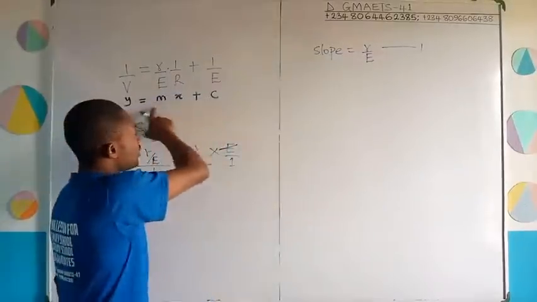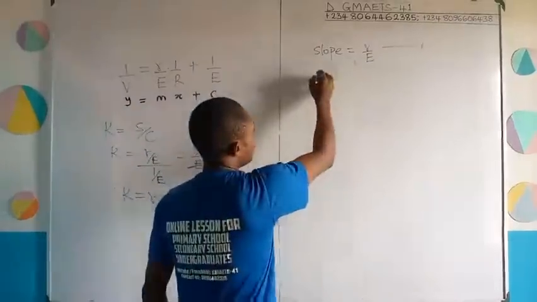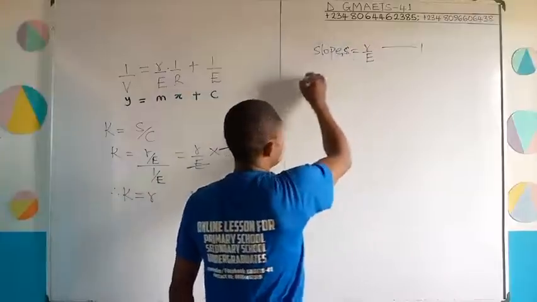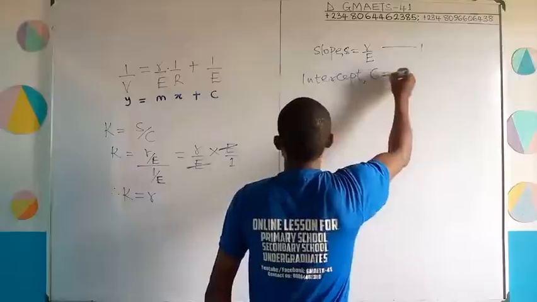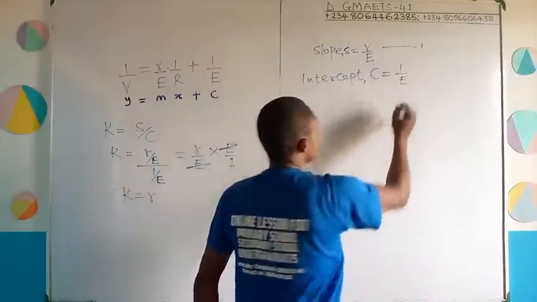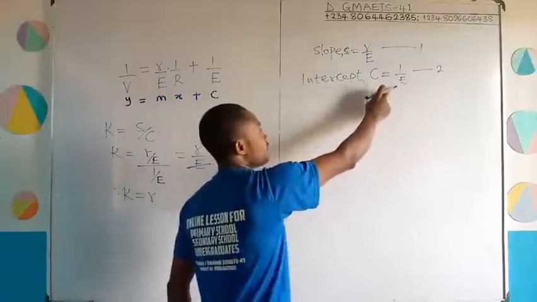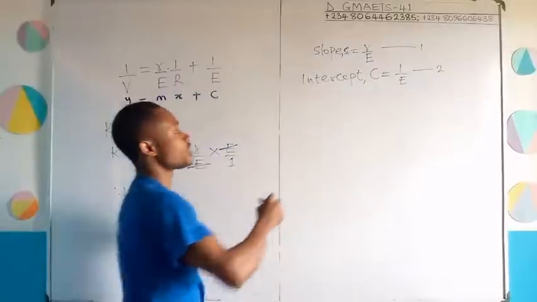Then comparing again this equation of straight line and this theoretical equation guiding our experiment, our intercept C is equal to 1 over E. So if I get my E, electromotive force, from the intercept, I can use it to obtain the internal resistance from the slope. And let us watch and see.